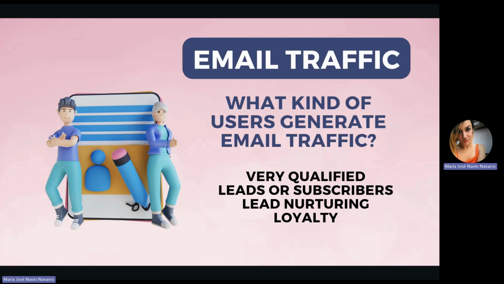So they are people that really know us, that are opening our messages and interacting with our brand. And this is the reason why, in terms of measuring the performance of lead nurturing strategies, the performance of loyalty programs, and the performance of our email marketing campaigns, having traffic from email marketing is really, really important for us.